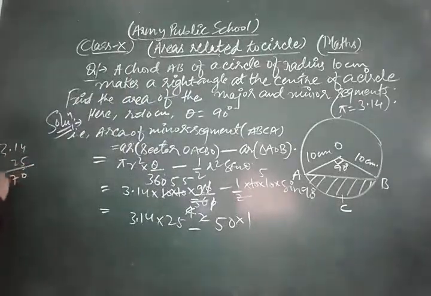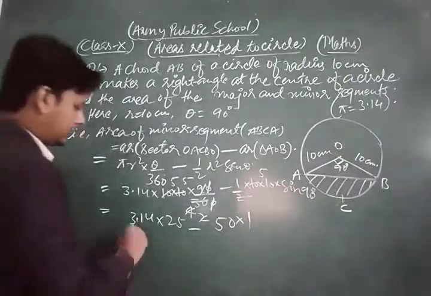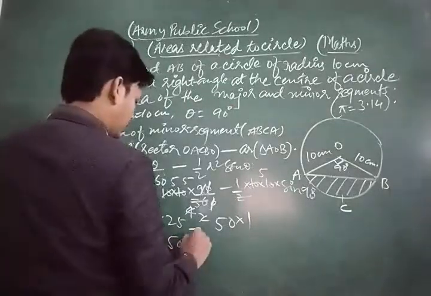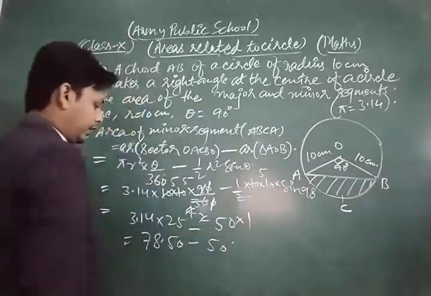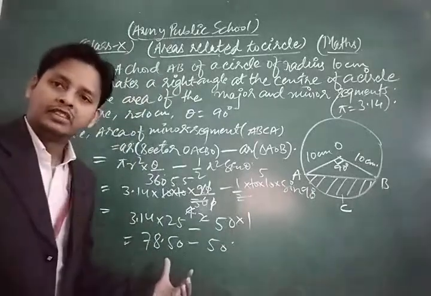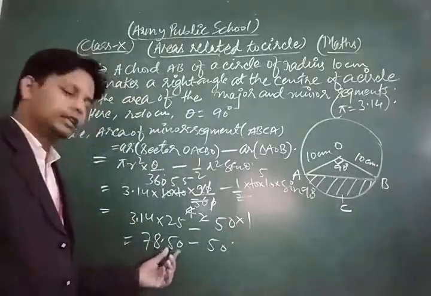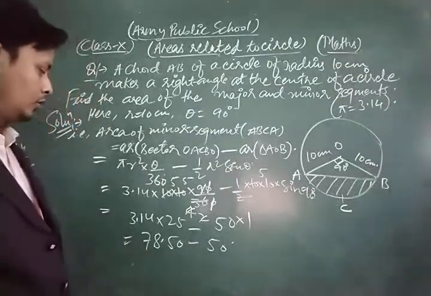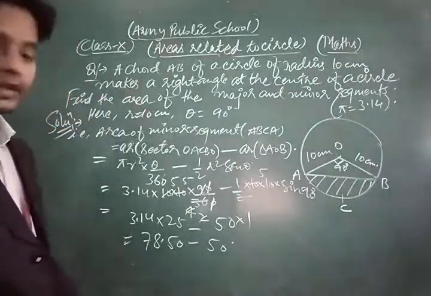That is 78.50. This is 78.50 minus 50. So we subtract them. 78 minus 50 is what? 28.50.